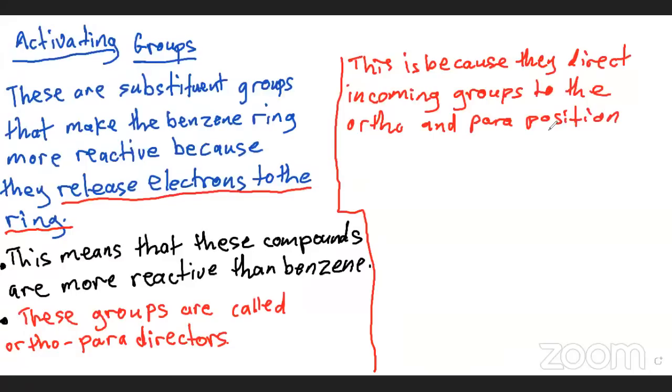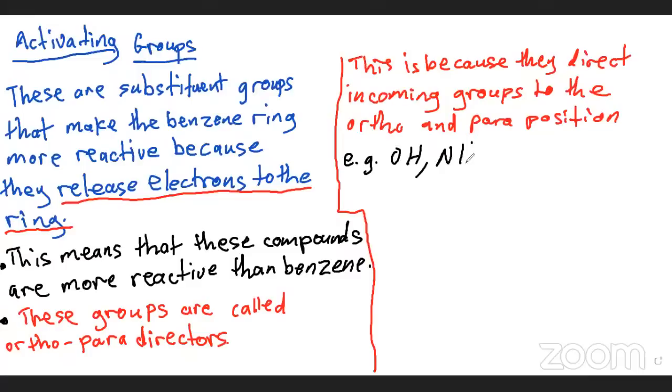All right, so the common examples of the ortho and para directors are the OH group and the NH2 group. All right, so put those. So once you see them on the compound, they will be more reactive than benzene and direct incoming groups to the ortho and para positions.